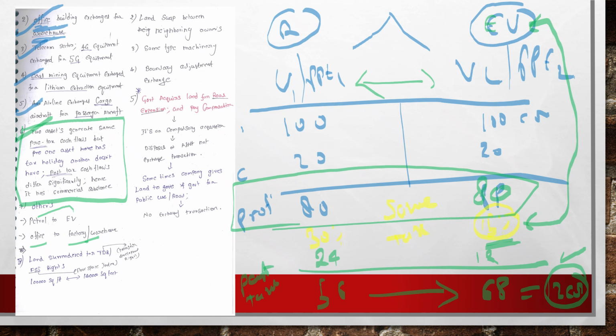And then transfer development rights, or floor space index, meaning land surrendered under TDR or FSI. These are a few rights for the government. They can acquire your land under these acts, and then they will give new land to you.